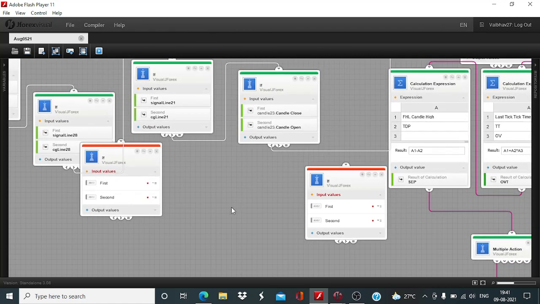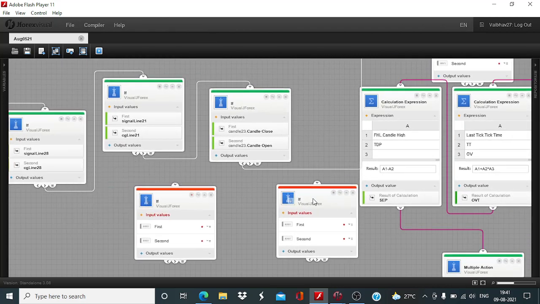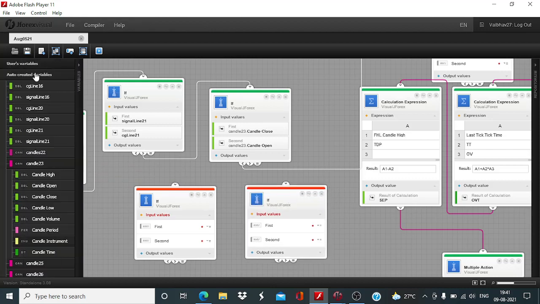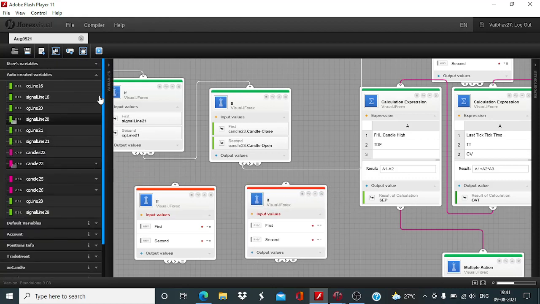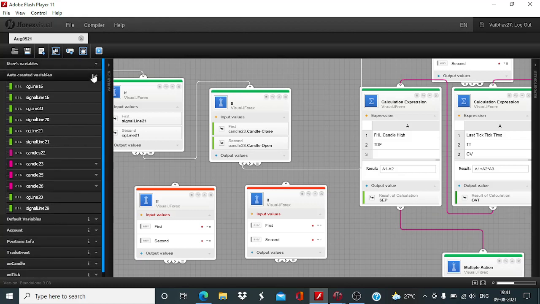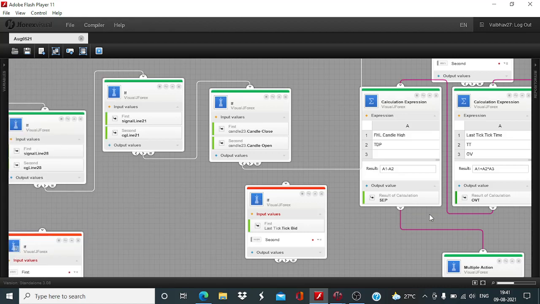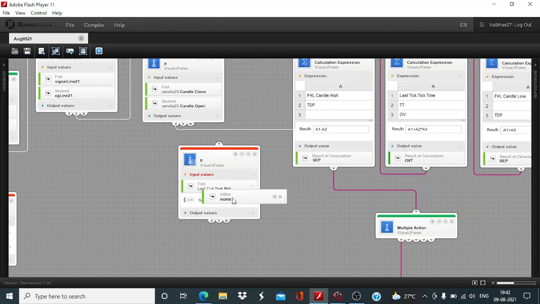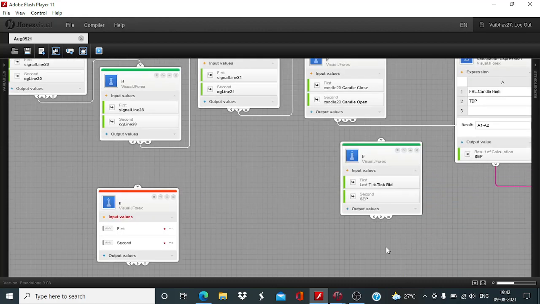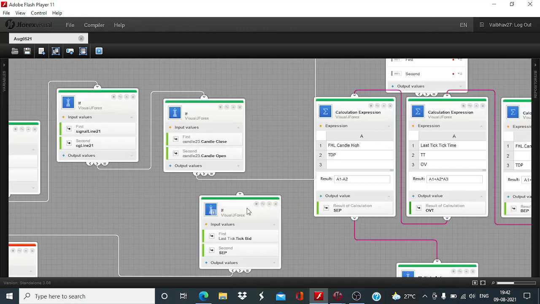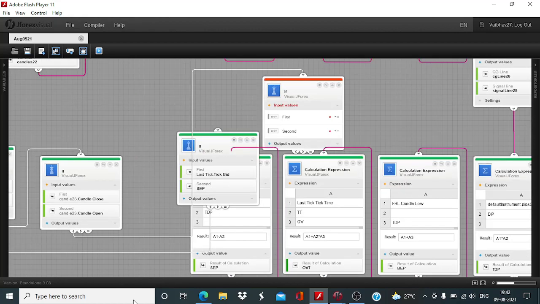So all we now need is to define 3 more conditions. On tick, last tick needs to be less than the sell execution price. First input less than second input.